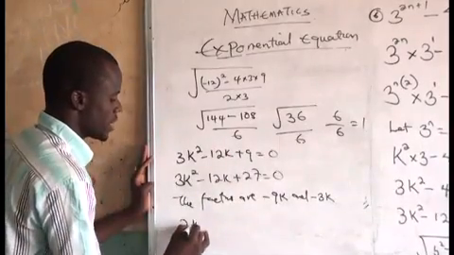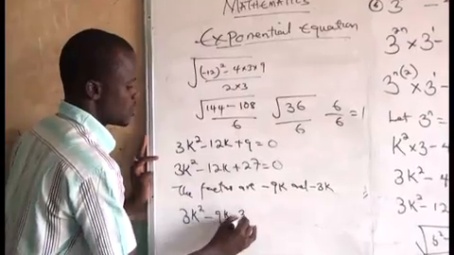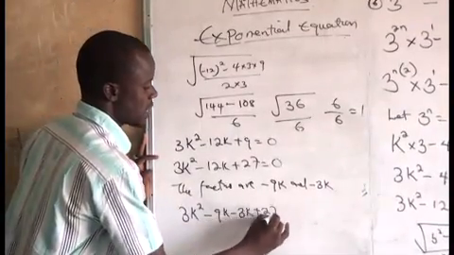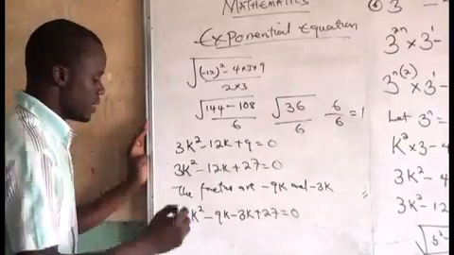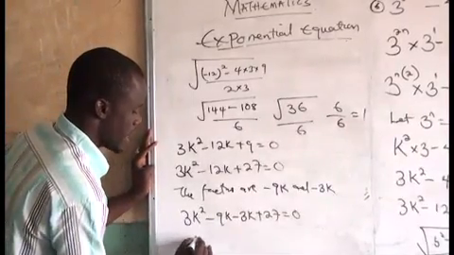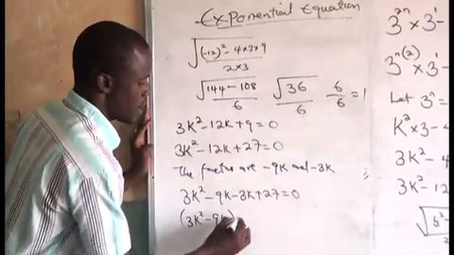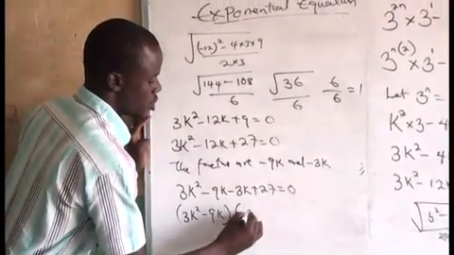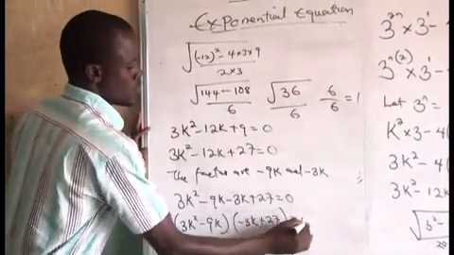Then here we have 3k squared, then minus 9k minus 3k plus 27 equals to 0. So now we take a pairing, that is 3k squared minus 9k. Then here we have minus 3k plus 27 equals to 0.